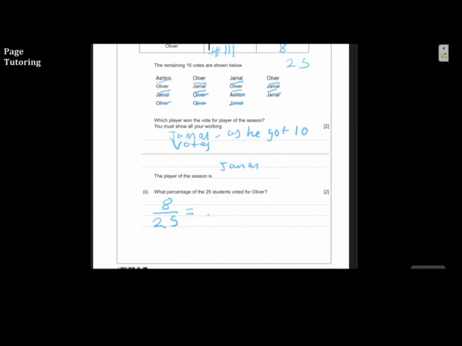So let's simplify that as much as we can. But to make it simpler for our question, we could actually times the top and the bottom by 4. This is a sneaky little trick. 4 by 4. So then we get 32 over 100. Well, because we're good at our percentages, we know 32 over 100, that's just 32%.